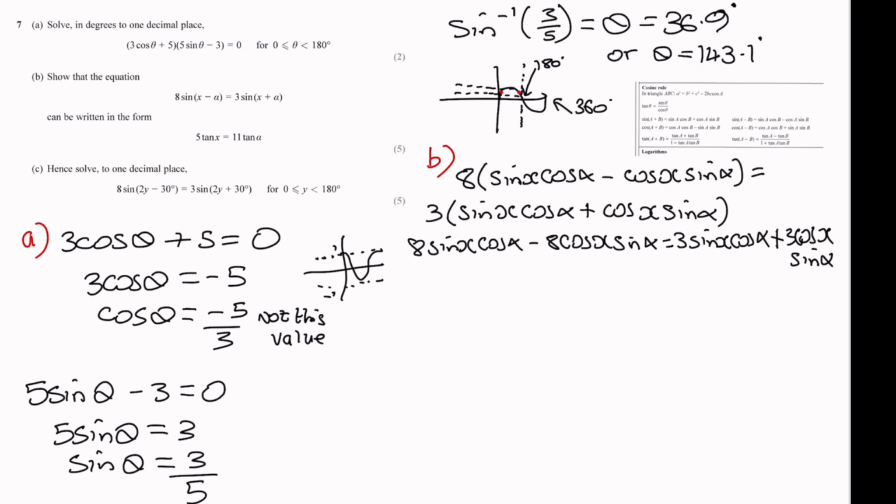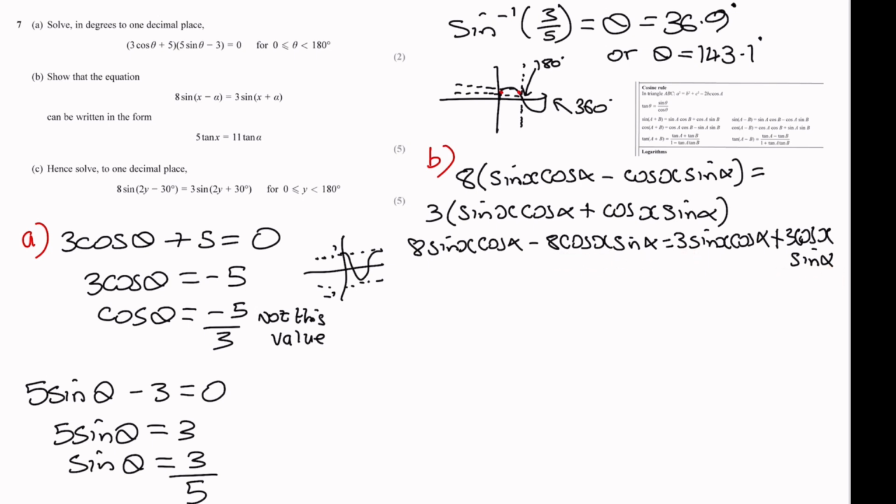Right, so I'm trying to get down to 5 tan x equals 11 tan alpha. I can simplify this because I have some like terms. 8 sine x cos alpha, we have 3 sine x cos alpha, so they're both sine x cos alpha terms. And this one here, cos x sine alpha, cos x sine alpha.